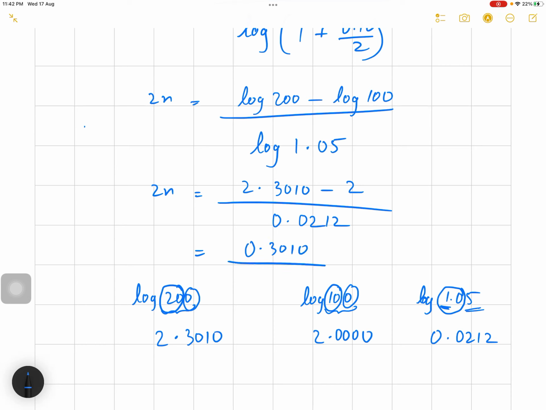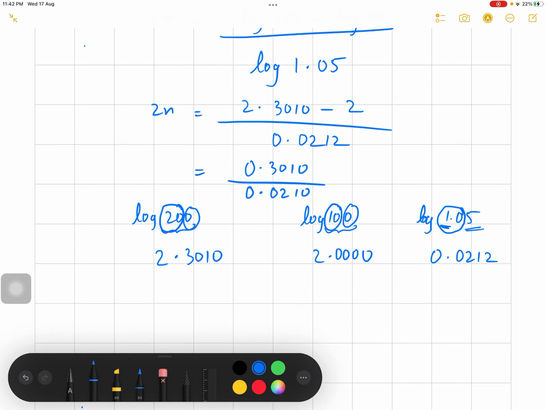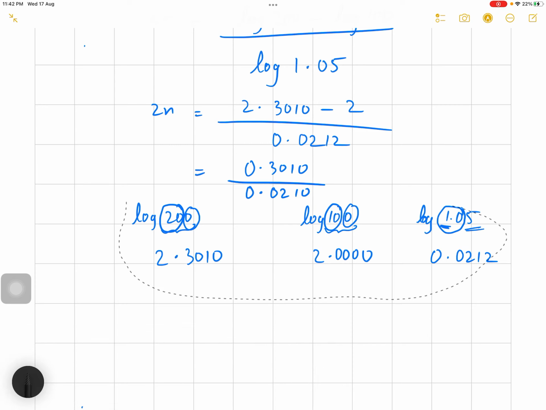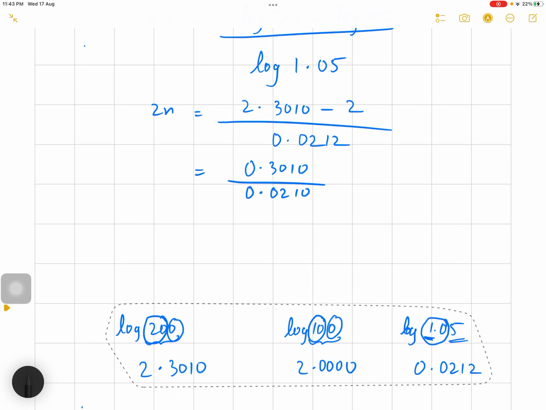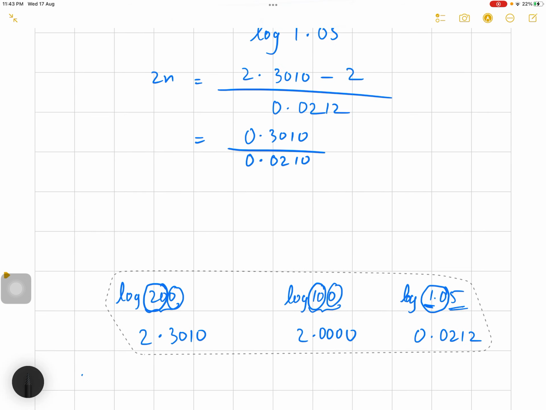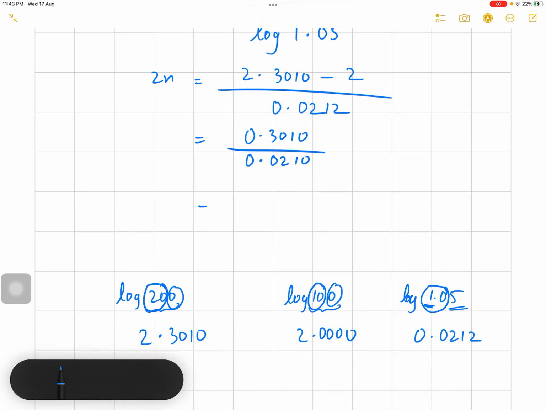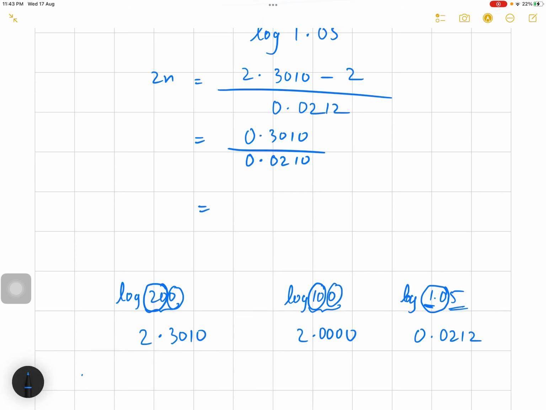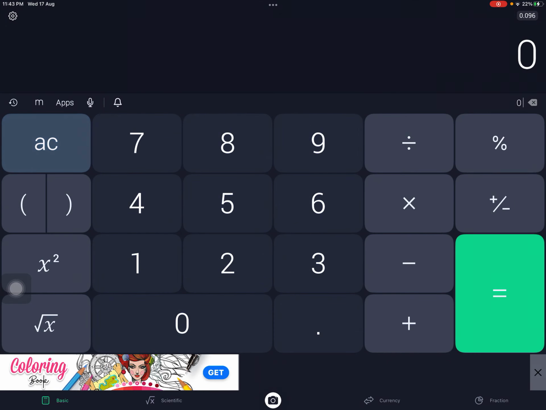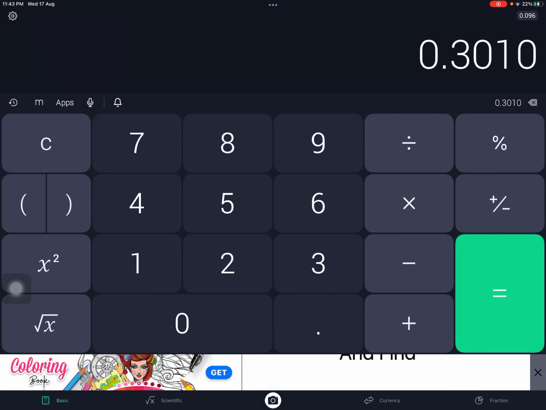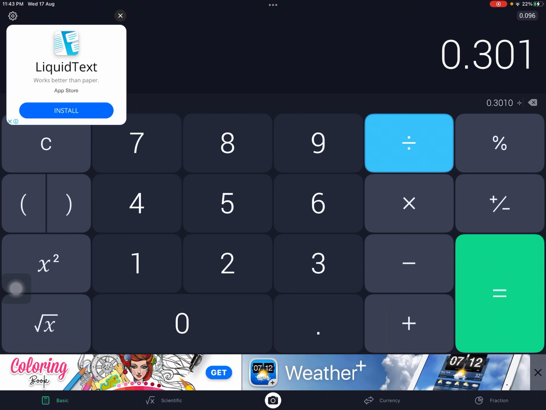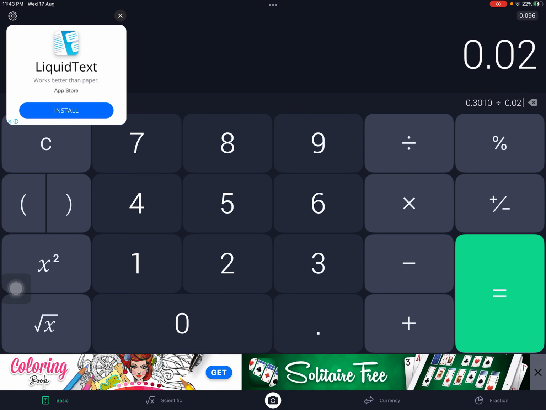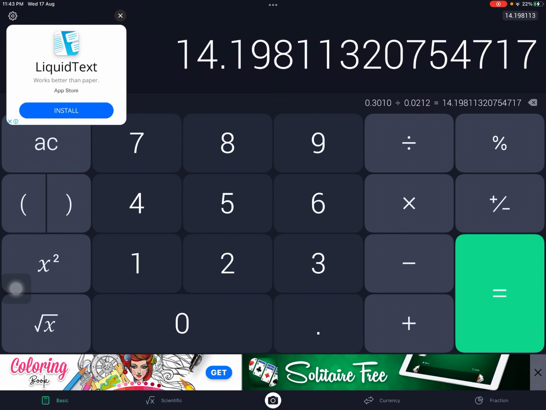So this will be 0.3010 divided by 0.0212. Let's divide this.